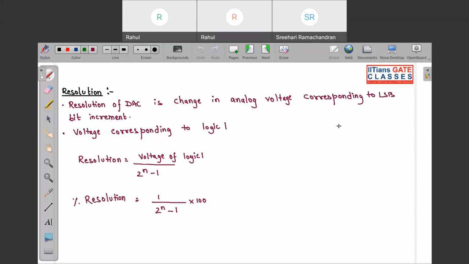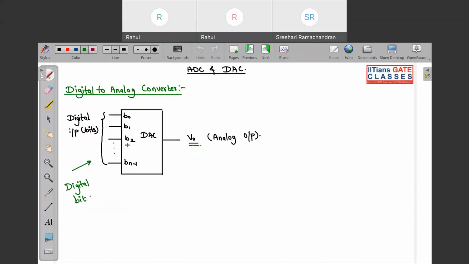That means, suppose we have a 4-bit DAC. A 4-bit DAC means we have B3, B2, B1, B0.